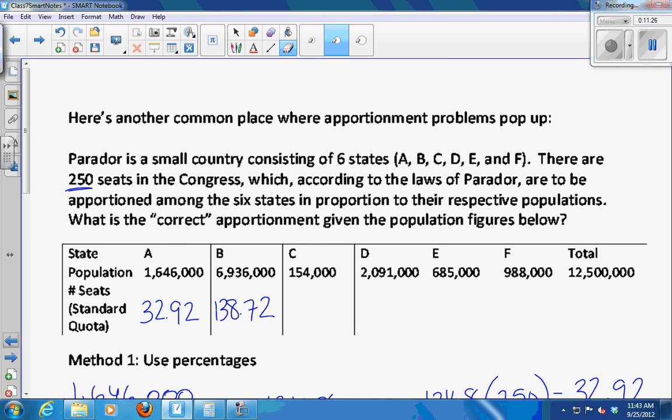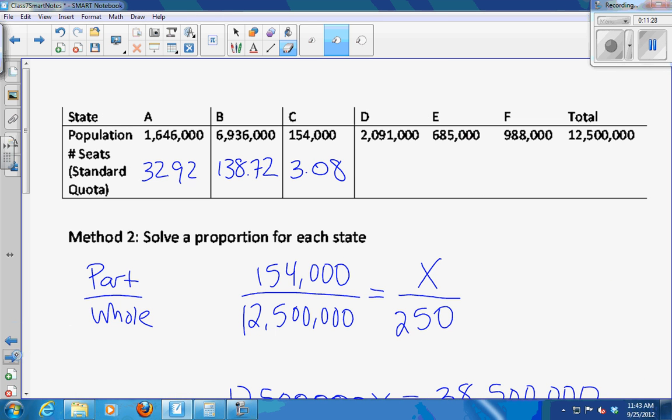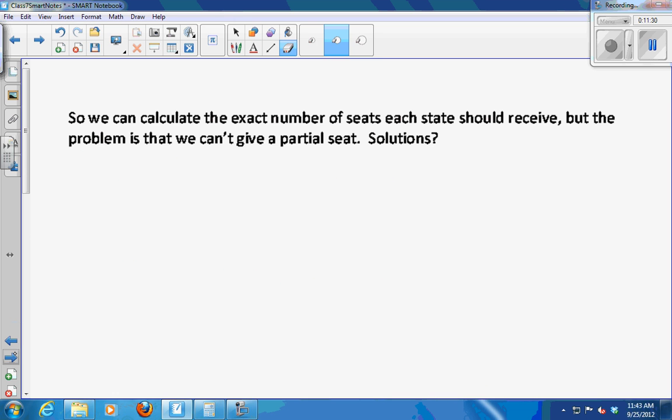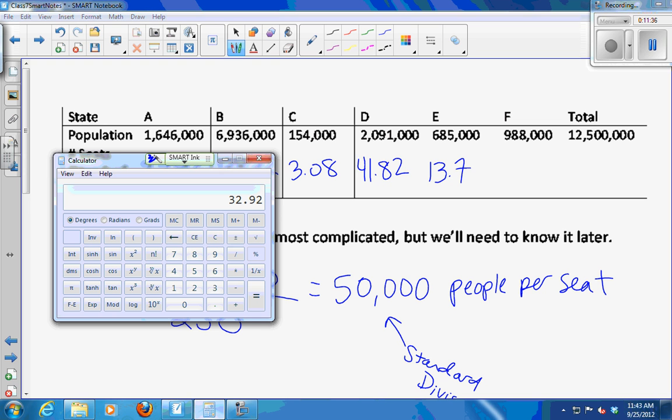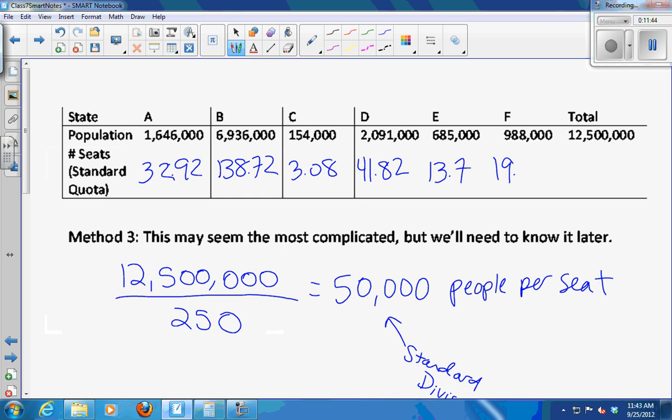Oh yeah, so I wrote it down right the first time and copied it wrong. Okay, so then the last one, do 988,000 divided by 50,000, and we have 19.76 seats.